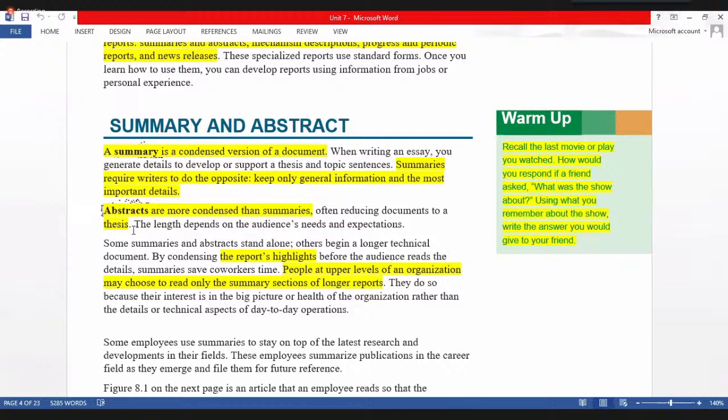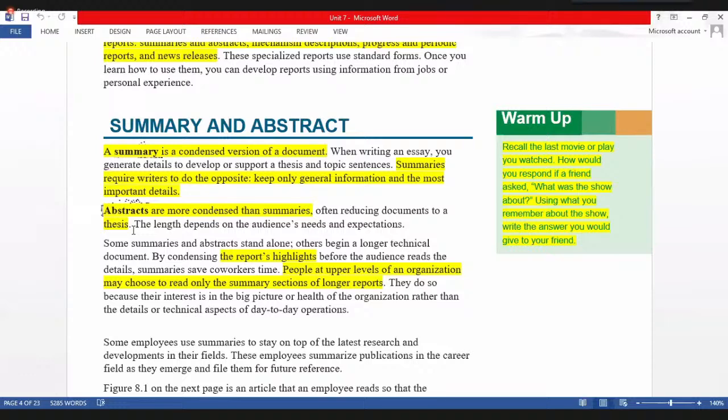So let's say you have read about love. So what is that story about? If you answer this question, what is the theme of the story, that very theme is the abstract. Is it clear?